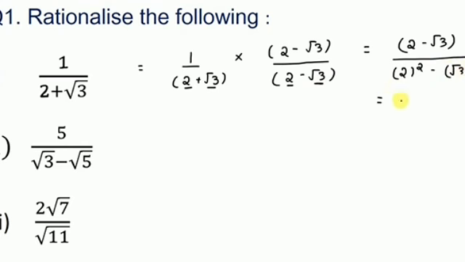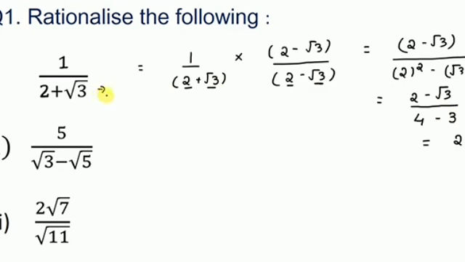That will be equal to 2 minus root 3 divided by 4 minus 3, that is equal to 1. So it will become 2 minus root 3. Do the other examples.